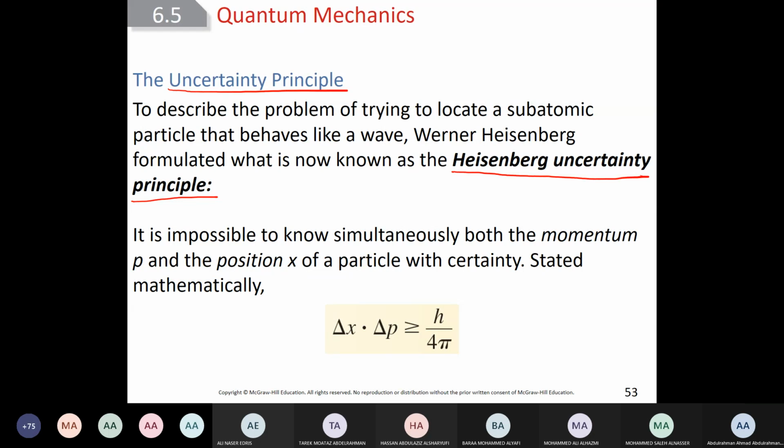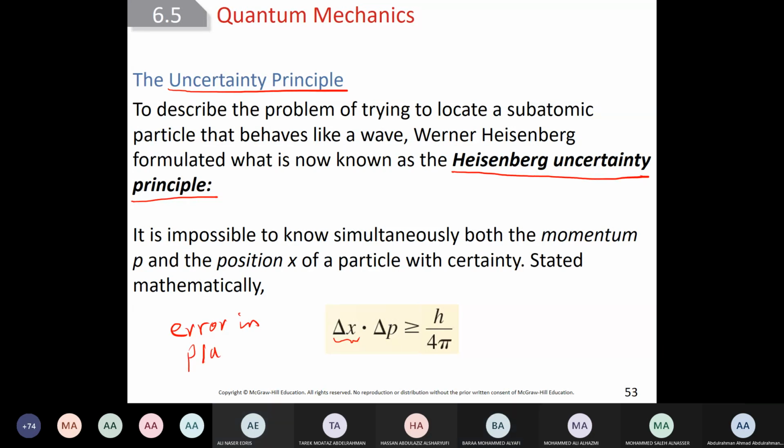All you need to know about this is delta X times delta P is greater than or equal to h over 4 pi. What's delta X? The error in position.